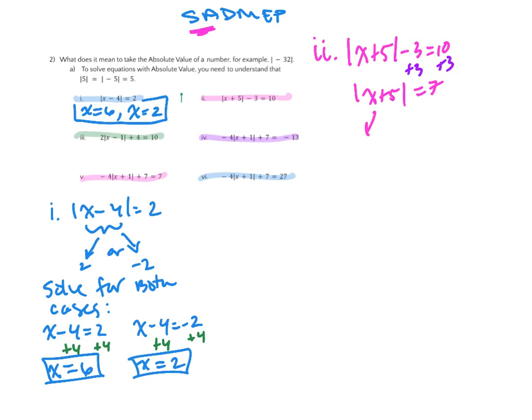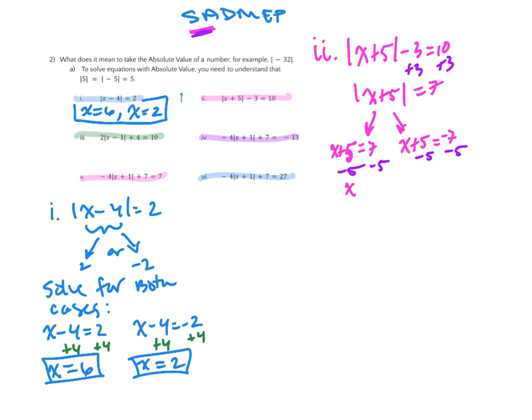So I like to draw these little arrows to remind myself. x plus 5 equals positive 7. So that's like the regular normal thing that we are used to, kind of. And then I have to consider the other side, the dark side. Okay, and then from here, same thing, SADMAP. I'm like, okay, cool, I just have to add or subtract. I like to do it all in one line.